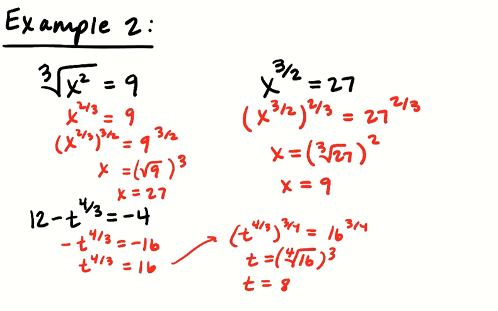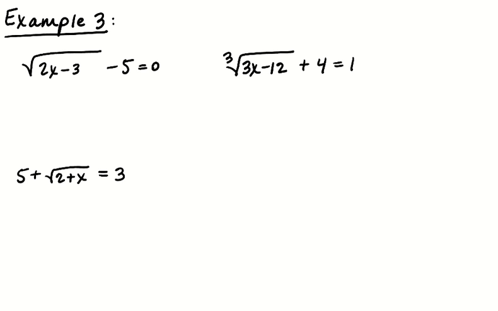All right, there it is. Here we've got one where we need to isolate the radical first, and then undo the radical's power somehow.